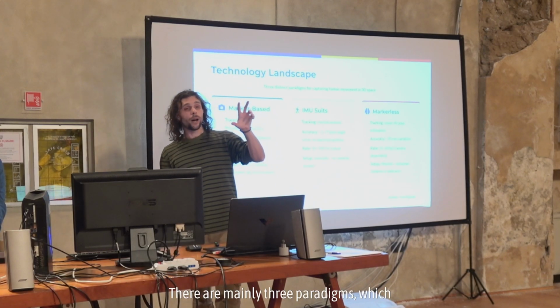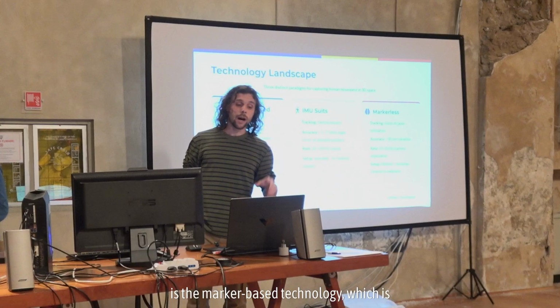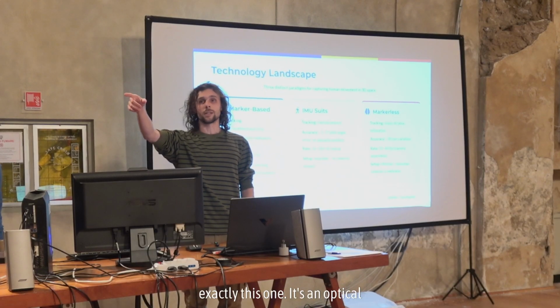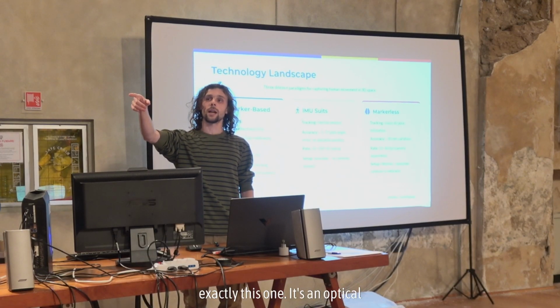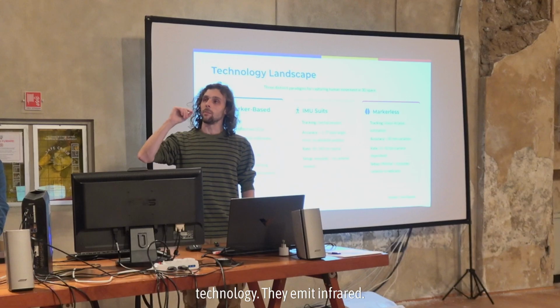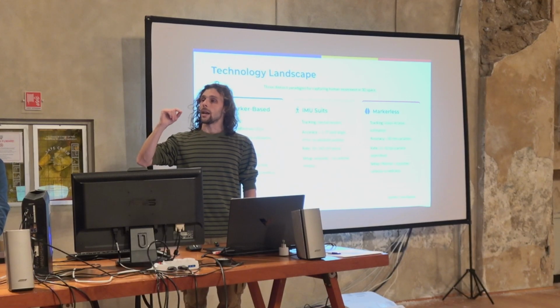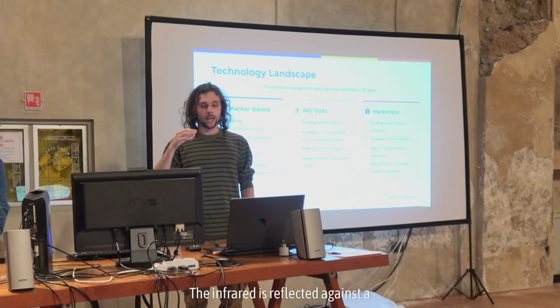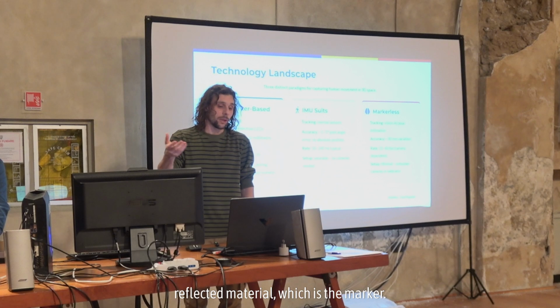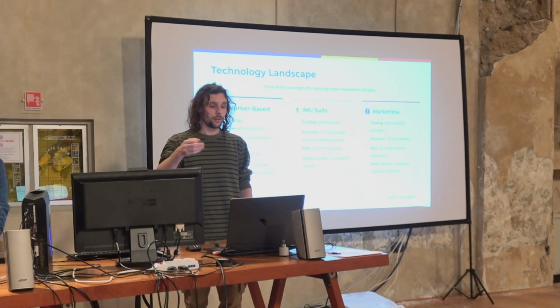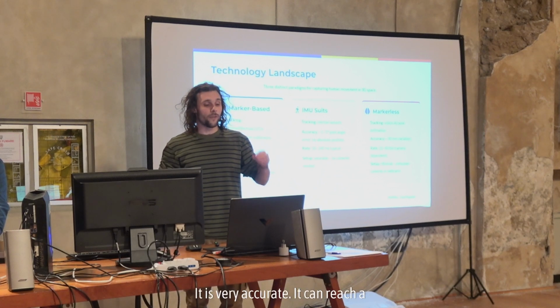There are mainly 3 paradigms, the first is marker-based technology, which is exactly this one. It's an optical technology. They emit infrared, and the infrared is reflected against a reflective material, which is the marker. It is very accurate.